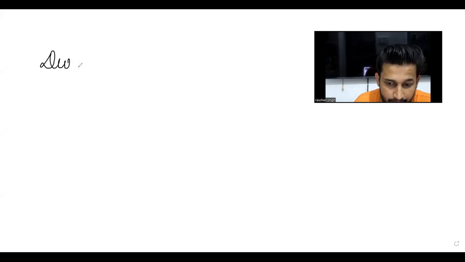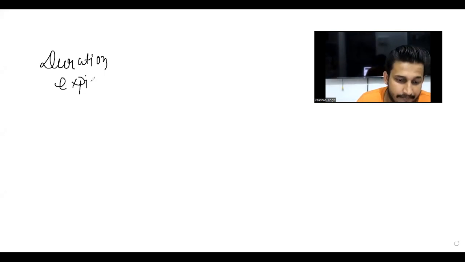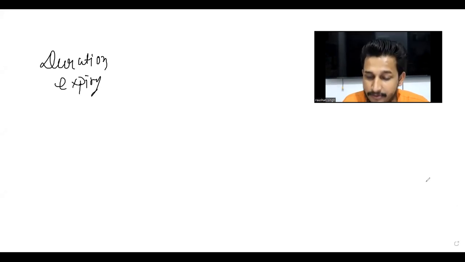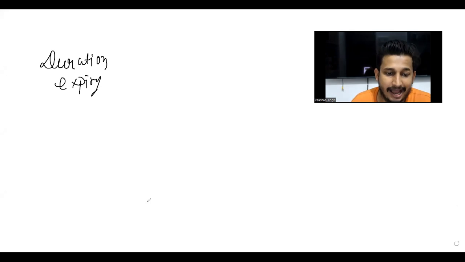It will have a duration, it will have an expiry. Exactly. So future is a contract which happens between the buyers and the sellers, which will have some duration and some expiry. When I say expiry, it means deadline.